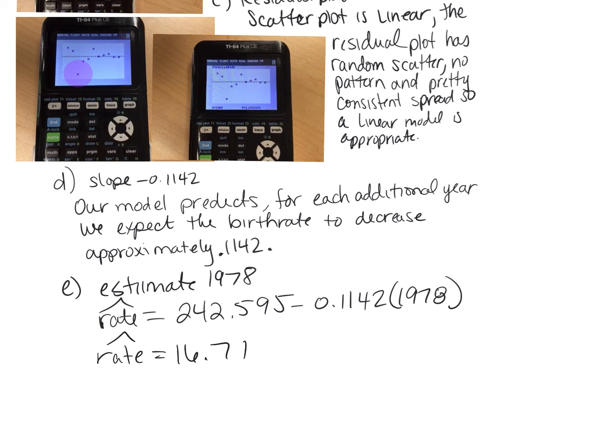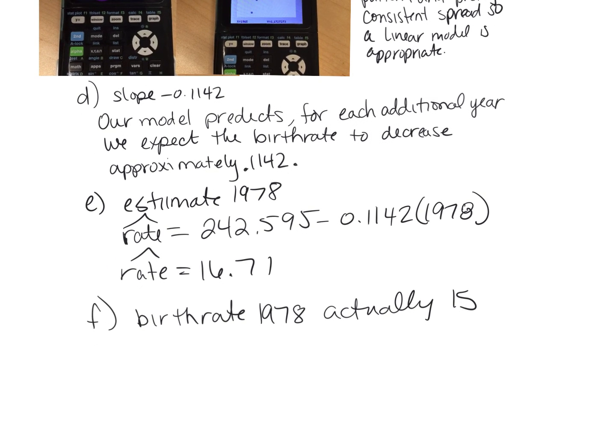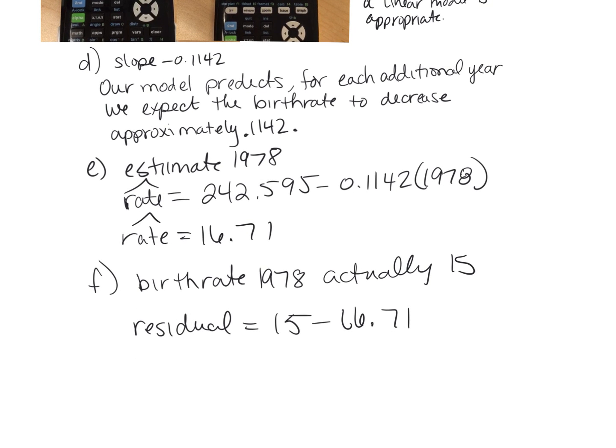Okay. Then it says, in 1978, the birth rate was actually 15. What is our, like, how close did our model come? That's the residual. Okay, so the residual is the actual 15 minus the predicted 16.71.